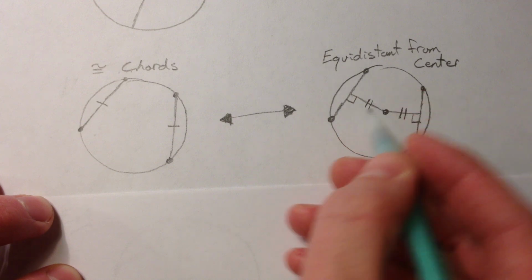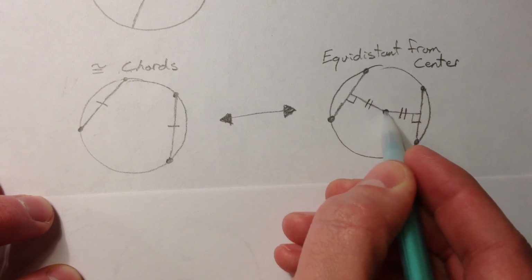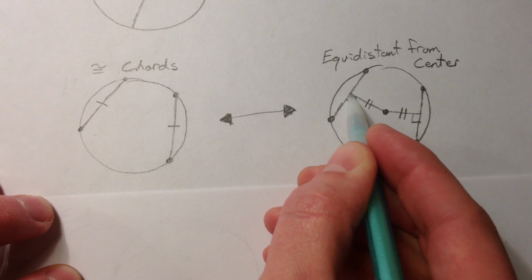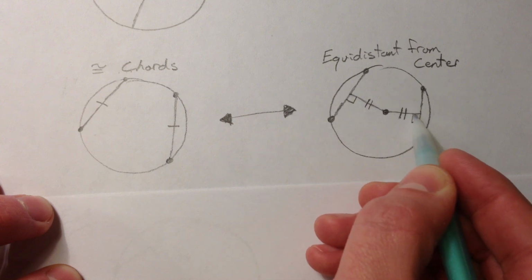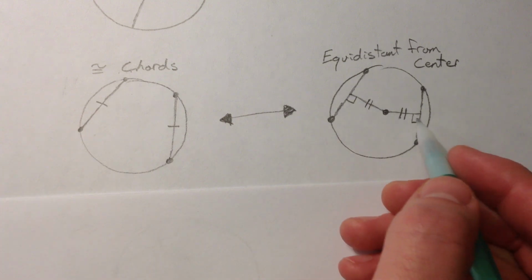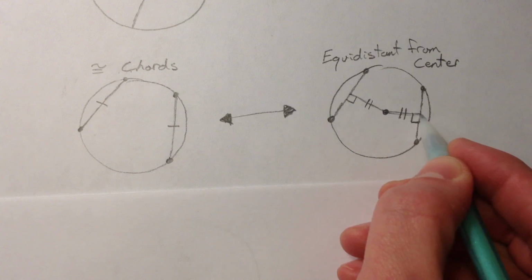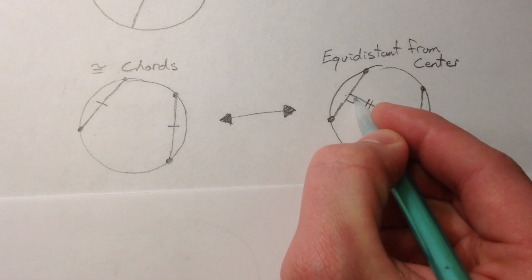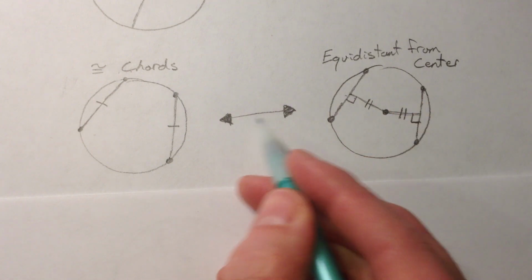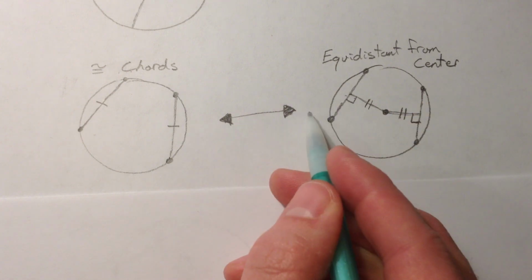And so if you draw the distance from the center to your chord, and remember to measure distance, we always go perpendicular. And so that distance and that distance is the same. Now I drew the double-headed arrow here because it goes both directions.